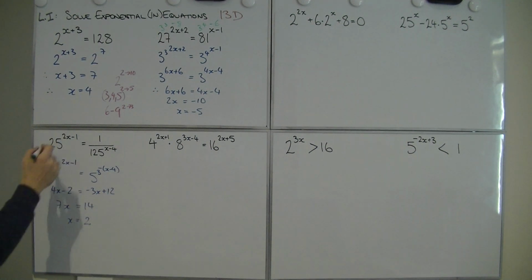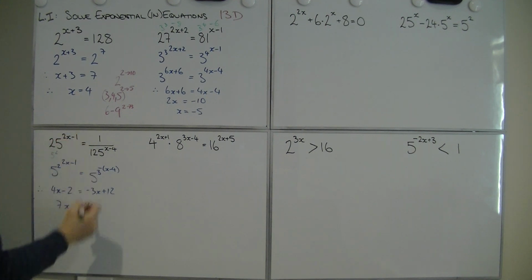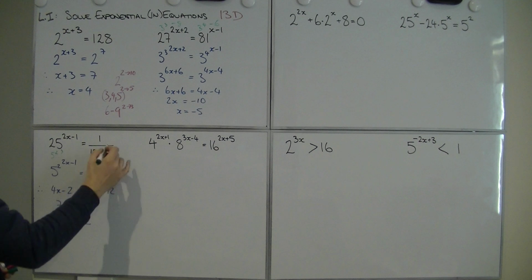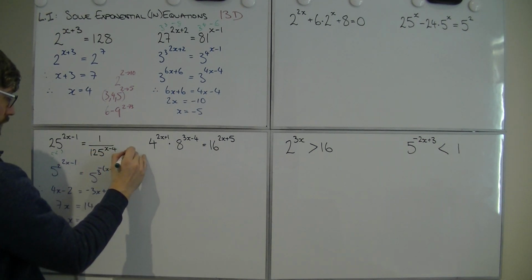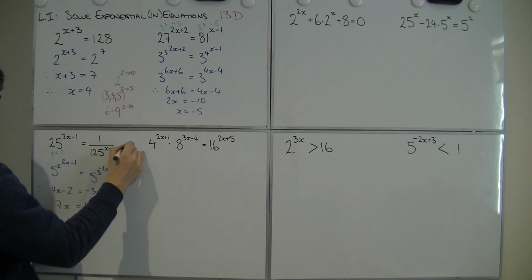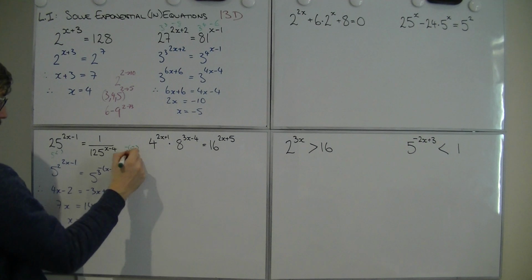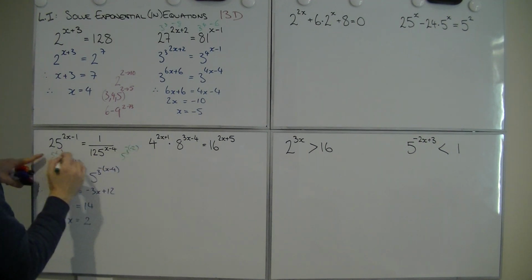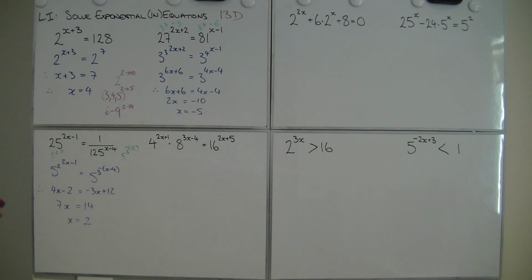This guy, x is 2, so we've got 5 to the 2, and then this guy becomes 3. This guy is 5 to the 3 to the negative minus 2, so that becomes positive 2, so I've got 5 to the 2 to the 3, 5 to the 3 to the positive 2, yeah, they're the same.